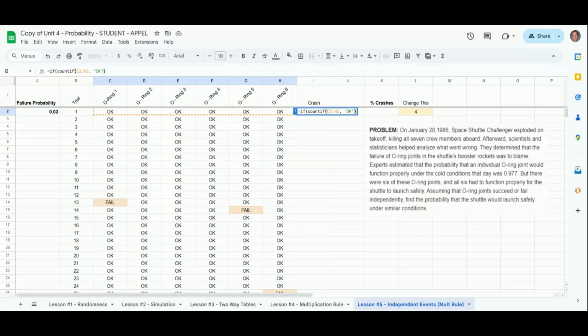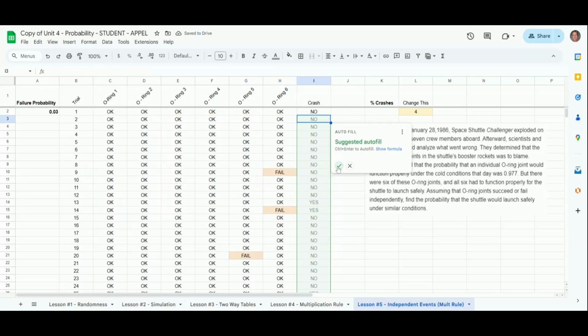So if that sum is 6, then it's not a crash. So we didn't have any failures, comma, this one would be a yes.